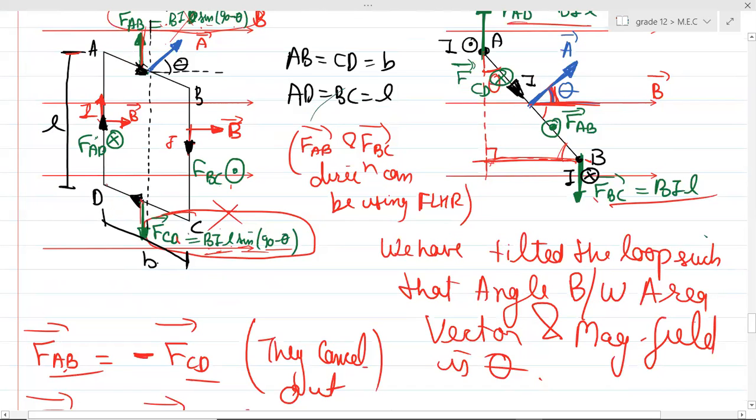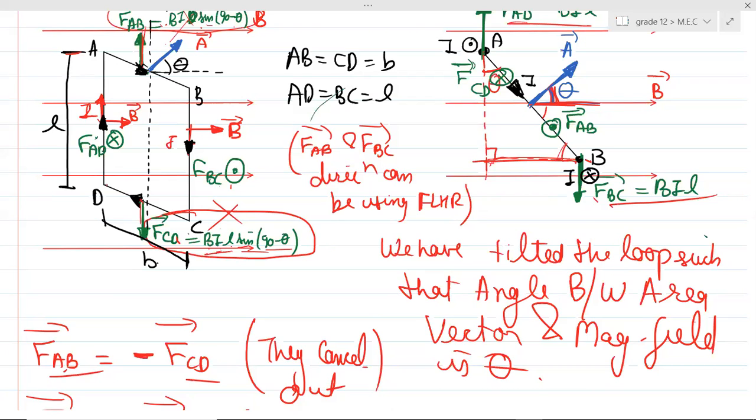Now suppose you are this loop, and I tell someone to pull from your head up and someone to pull your leg down. Will you be rotating? No. Exactly what is happening to this loop. But suppose someone applies a force on your right shoulder to the back of the paper and your left shoulder to the front of the paper, will you rotate about your head?